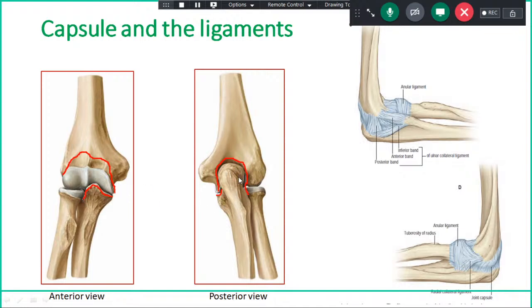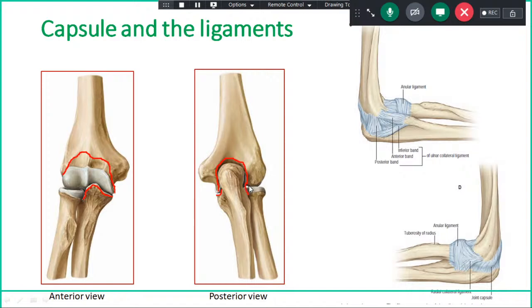On the posterior aspect, again, we go along the edges of the olecranon fossa on the humerus.